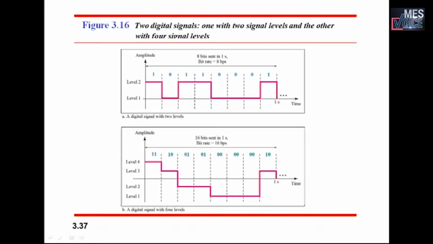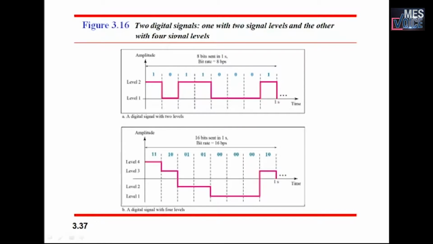It shows 2 digital signals, one with 2 signal levels and the other with 4 signal levels. In the first case, a positive voltage is used to represent 1 and a 0 voltage is used to represent 0. The channel is assumed to send 8 bits in 1 second, which means the bit rate is 8 bits per second.